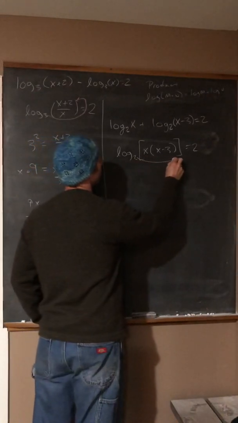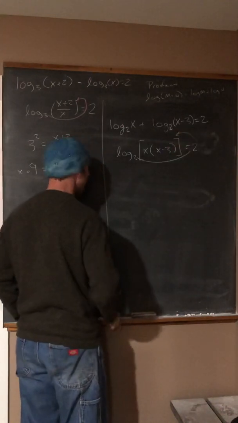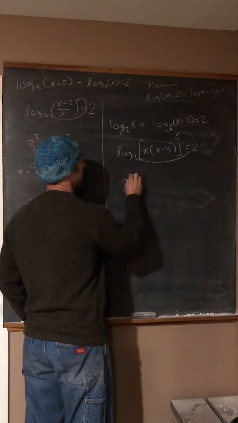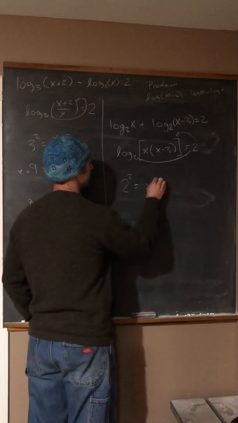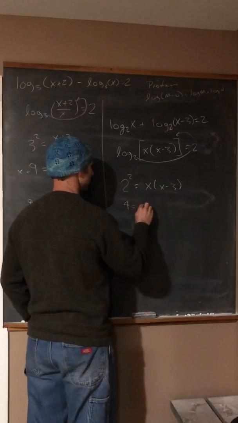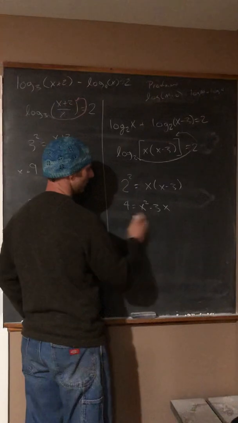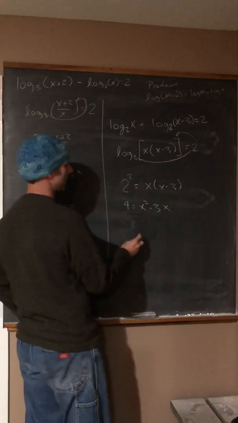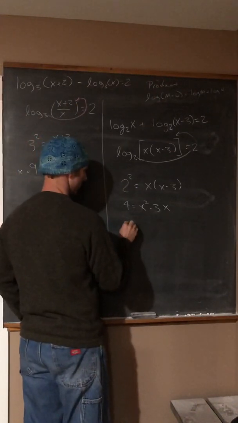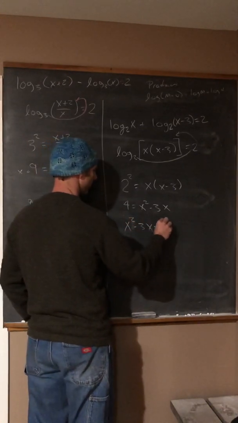Back to this one. Hey, our good old friend the quadratic comes back to us. x squared minus 3x minus 4.